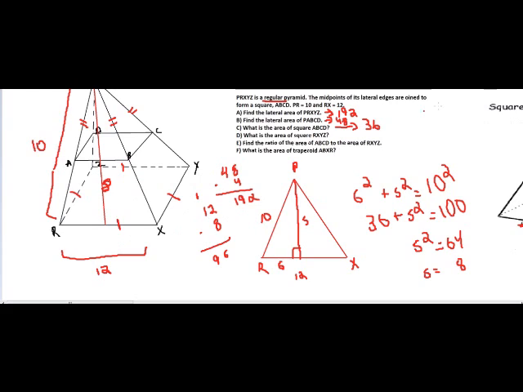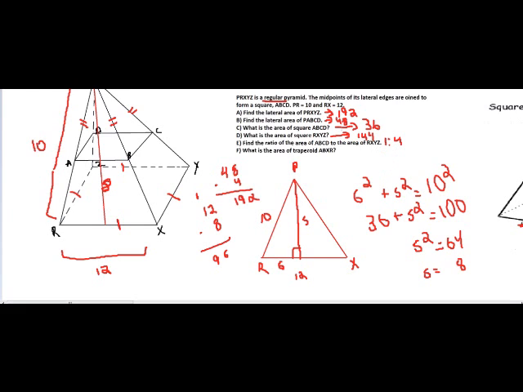We know RX is 12, so that means that 12 times 12 is 144. What is the ratio of the area of ABCD to the area of RXYZ? That's basically asking us, what's 36 over 144? And that is 1/4, I believe, yeah. So the ratio is 1 to 4.